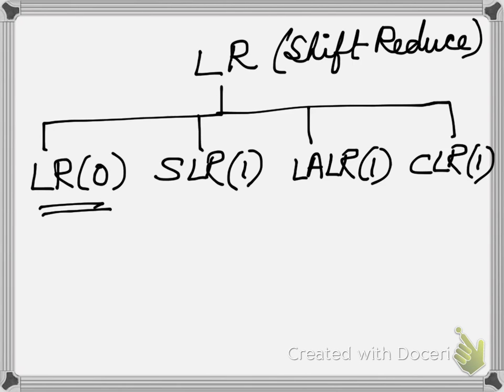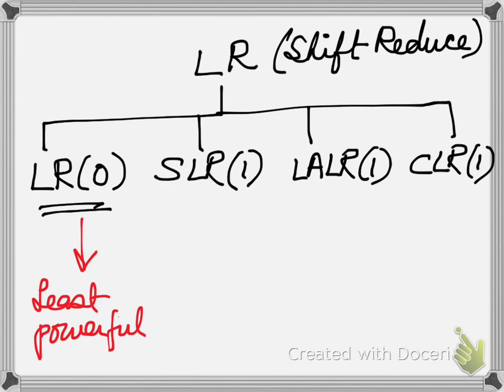Now here you can see the four LR parsers. The least powerful is LR0. This is the least powerful of all the LR parsers, and CLR is the most powerful.